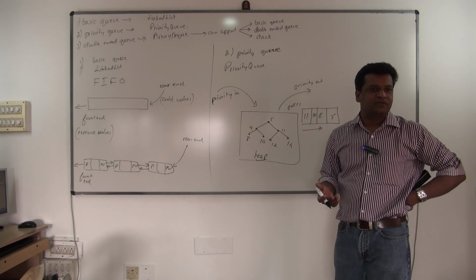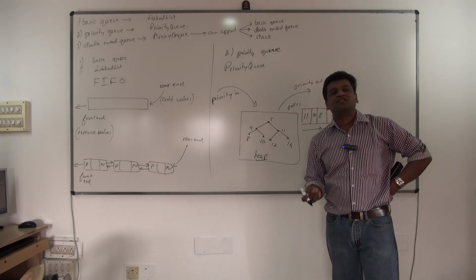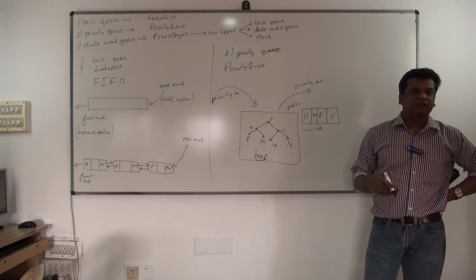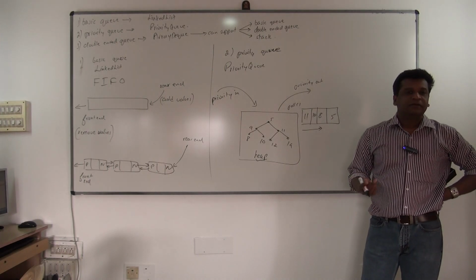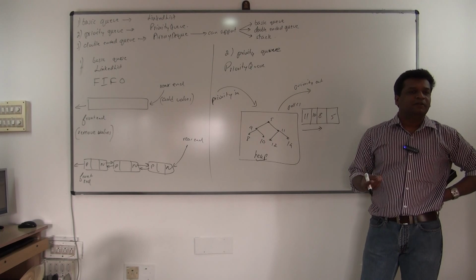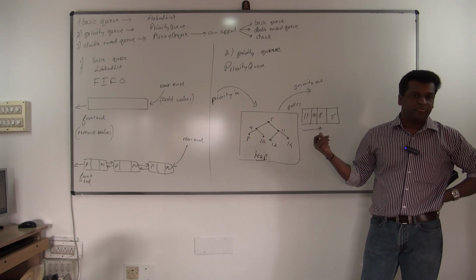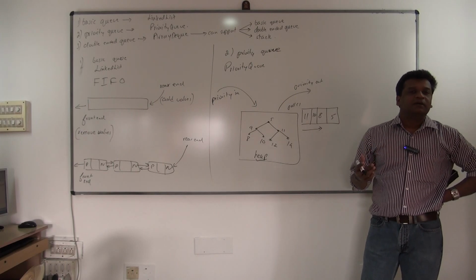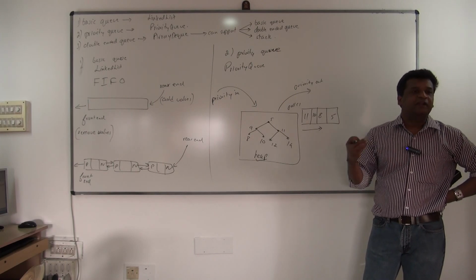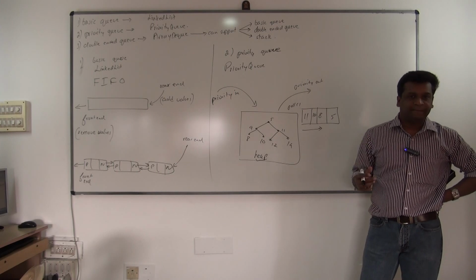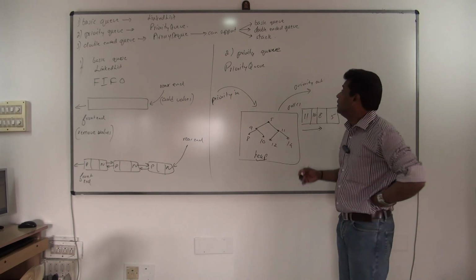You can add all the values using its methods and just keep calling poll. If you keep calling the poll method, the element from that structure will be returned to you from the head. It returns the head of the queue, and the head will always be the minimum value. Understood? That is what they have done.